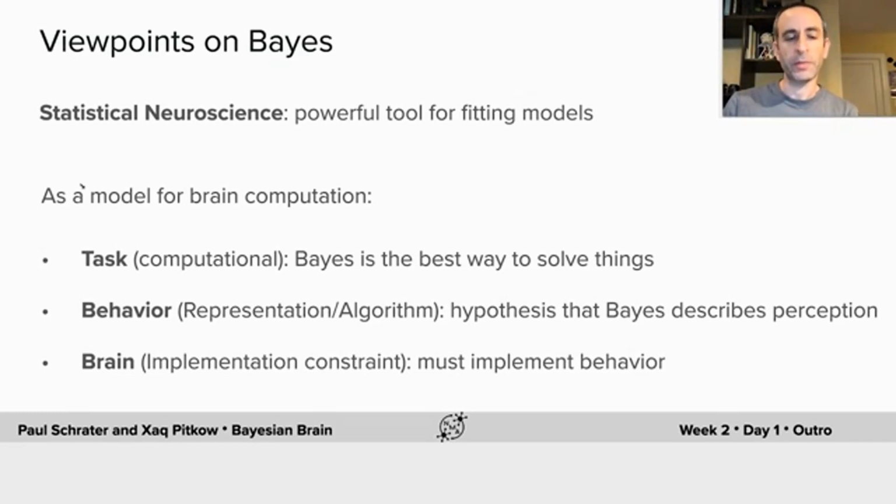How can you actually perform these tasks well? Behavior: you can think about this for cognitive science. You might want to try to find good descriptions of behavior in terms of complex problems that you'd like to solve and relate to Bayes' rule. And finally, neuroscience, where we're looking for evidence that the brain is implementing Bayesian algorithms. And so these are all hot topics that maybe you want to touch upon in your research projects.